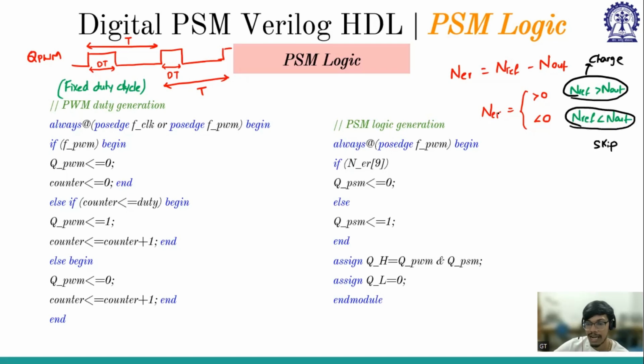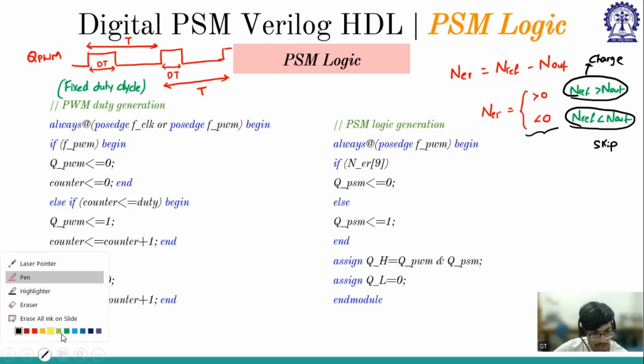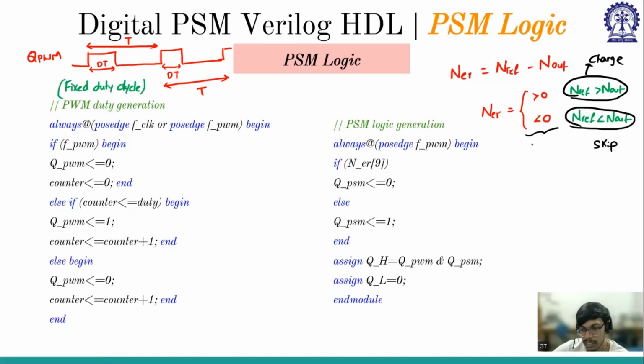And how do I check whether an error is positive or negative? I'll check the most significant bit, which is an easy logic. If it is 1, then it is negative. If it is 0, then it is positive. So if the error's most significant bit is 1, which means it is negative, it should skip, which means QPSM should be 0.